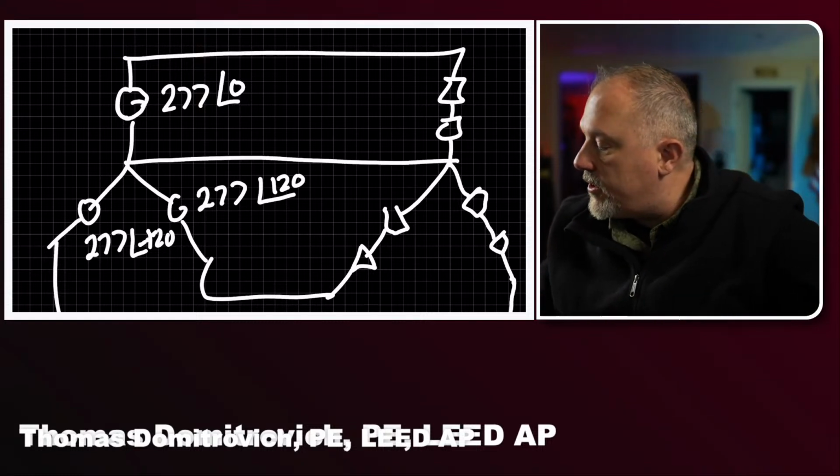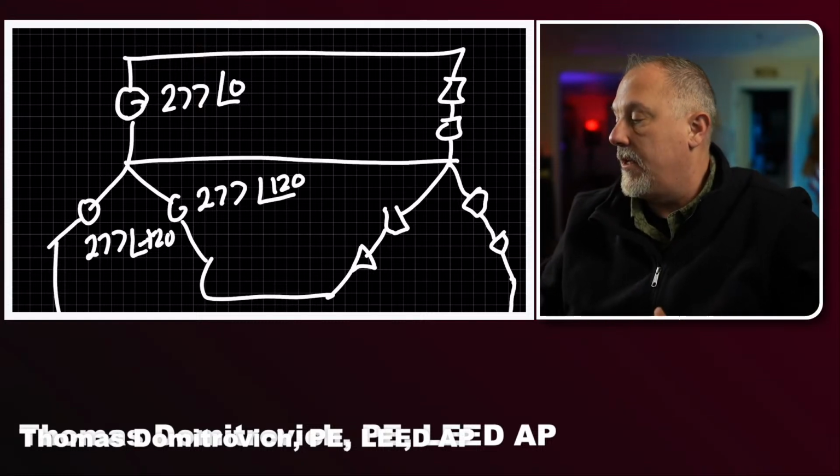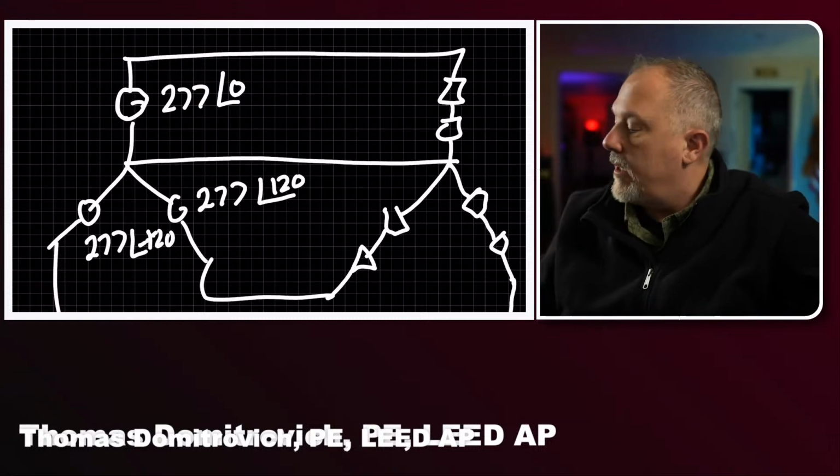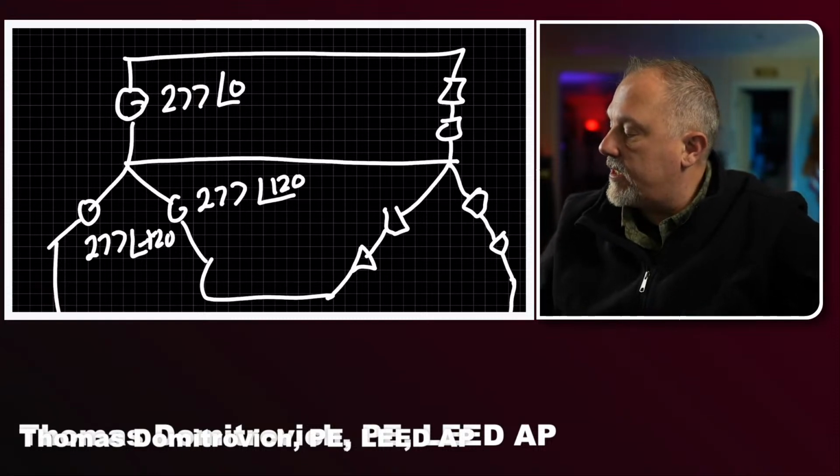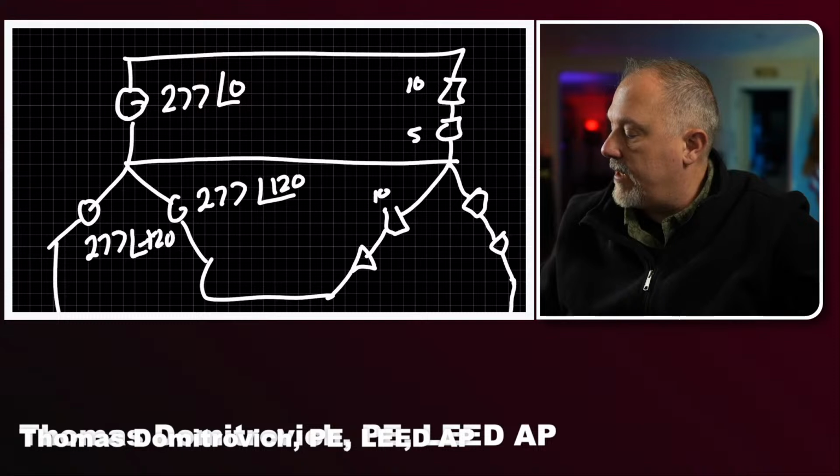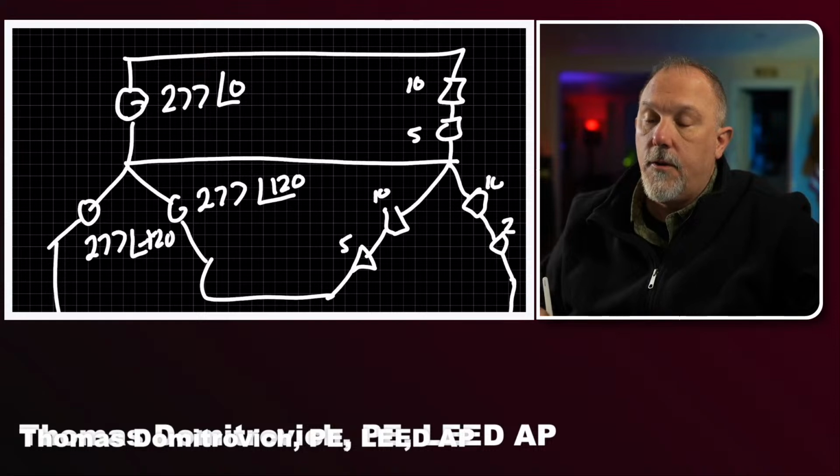So what you could do is say, look, I'm going to say this is 10 plus j5. This is 10 plus j5. And this is 10 plus j2. Okay?